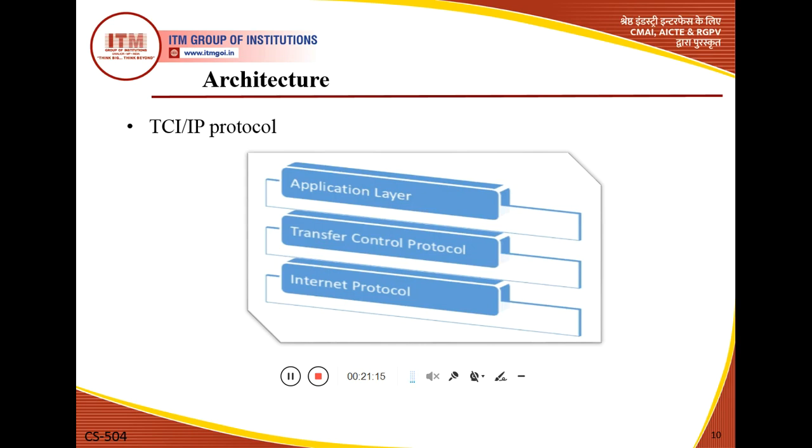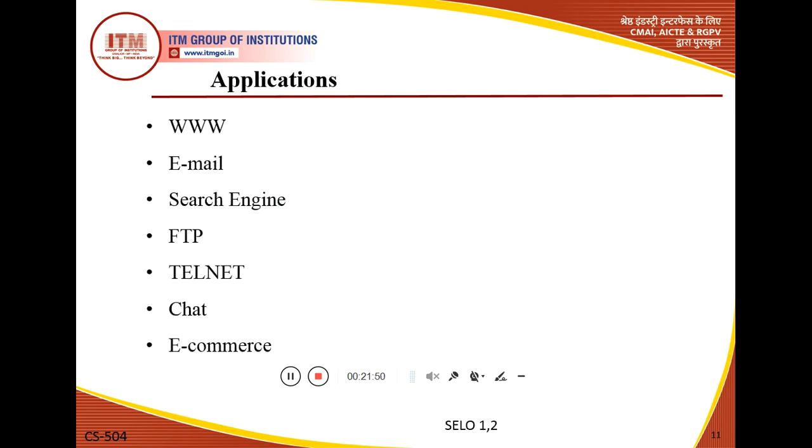So it is helpful for the email application. The next protocol used in the application layer is FTP. If you want to transfer your file from one network to another network, the FTP protocol will be used here, and the full form of FTP is file transfer protocol. So according to the services we use different types of protocols in the application layer.